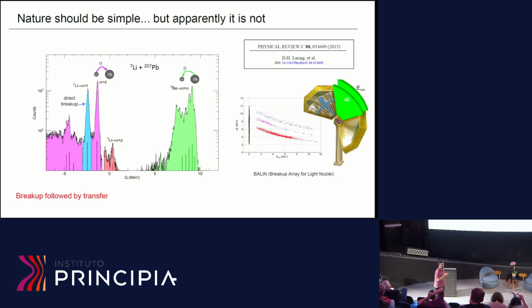And you can go the other way around: lithium-7 can pick up a proton and become beryllium-8, and then it splits into alphas almost immediately. And then you see these very nice yields here.